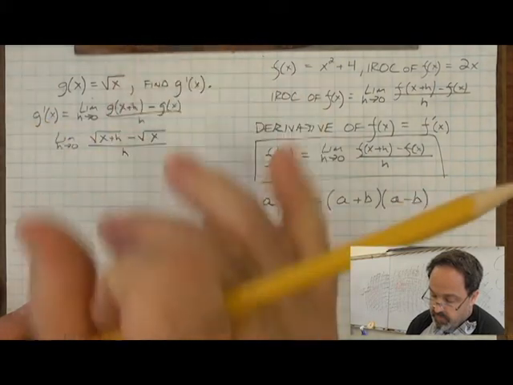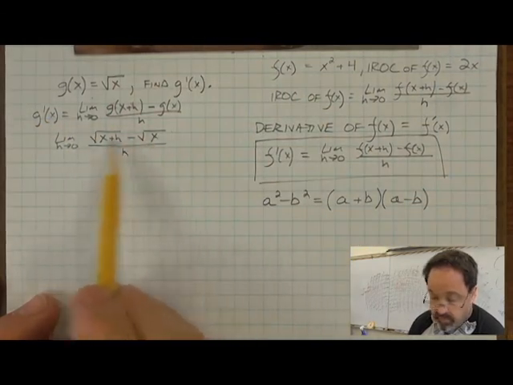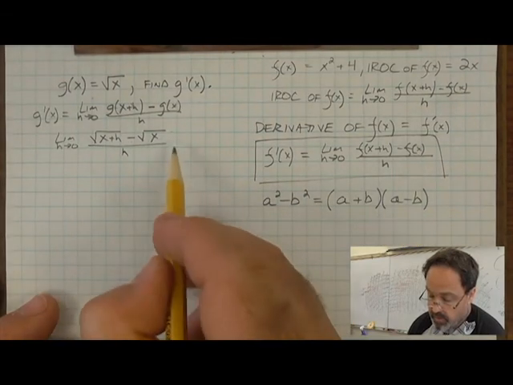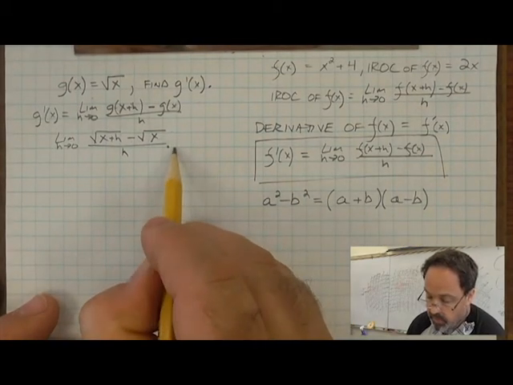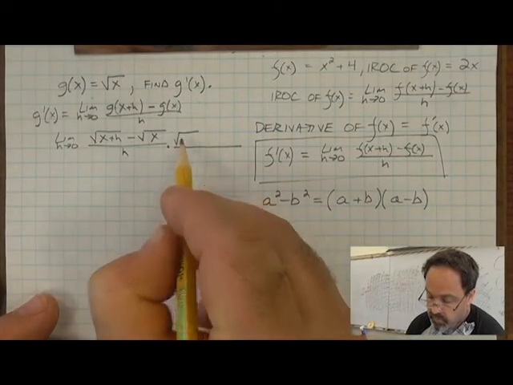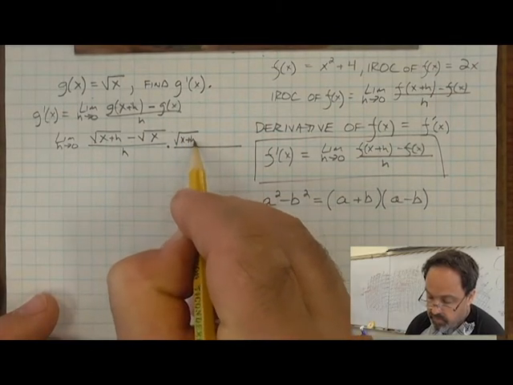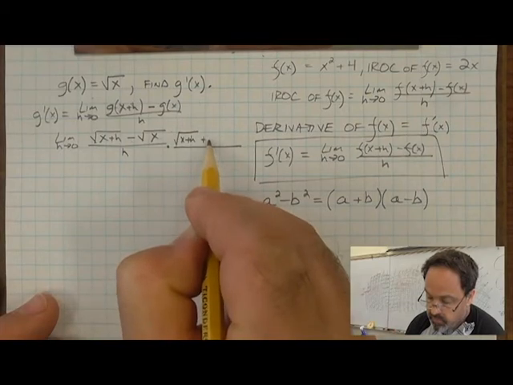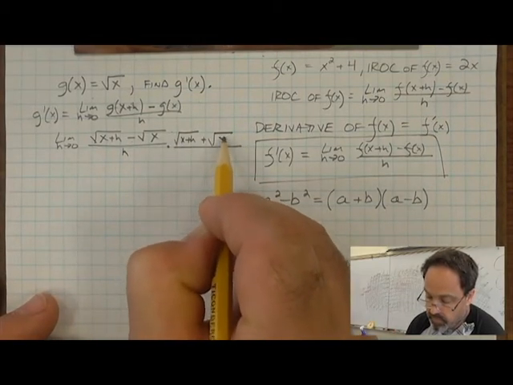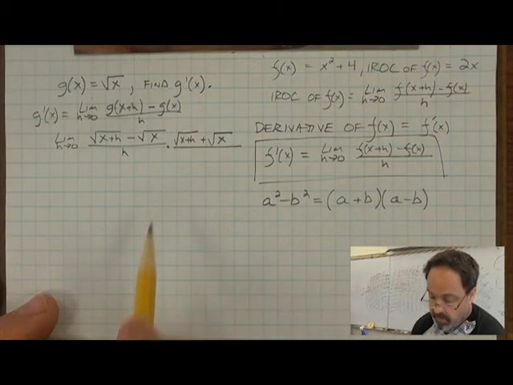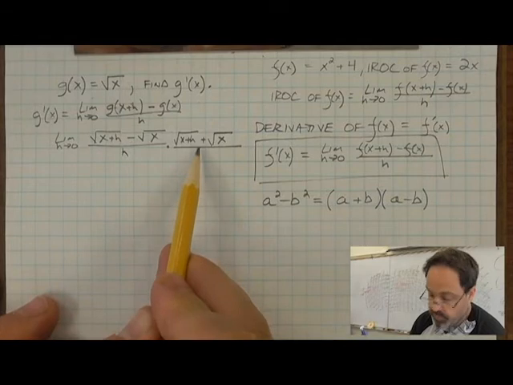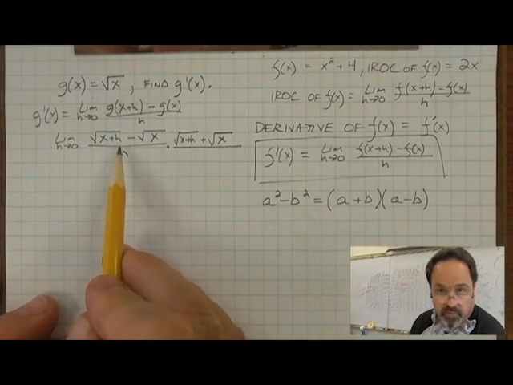If I'm going to consider the numerator that exists here as one part of this factoring pattern, then I need to multiply by the other factor, which is radical x plus h plus radical x. And I can't multiply by something like that because it would change the value of my expression.